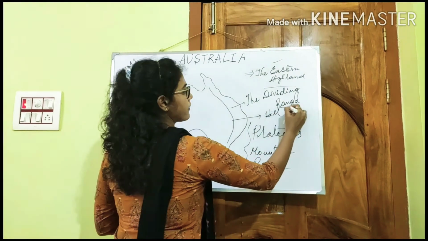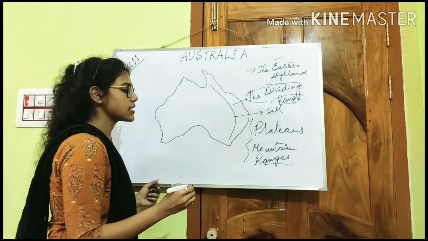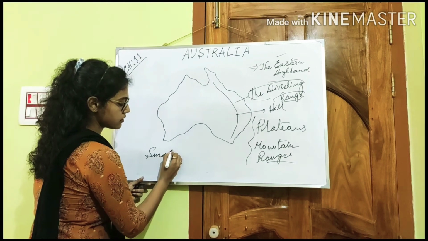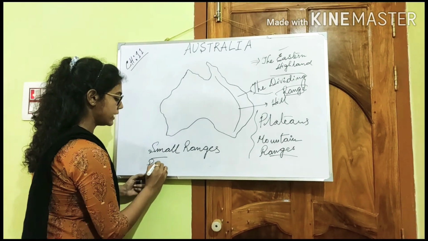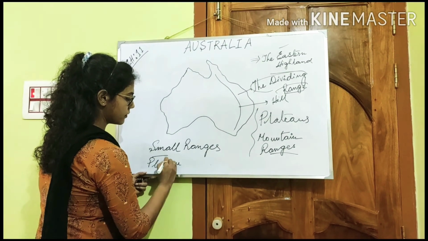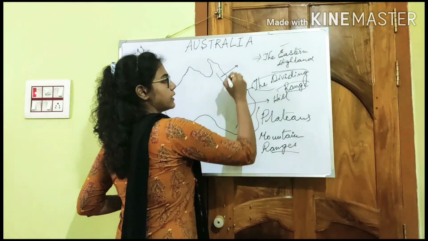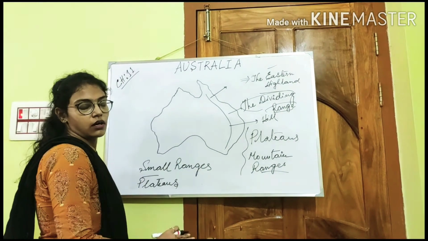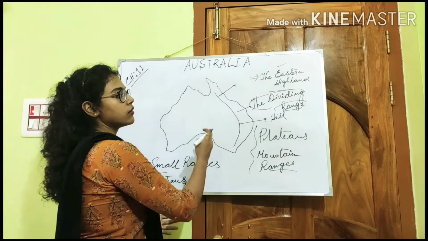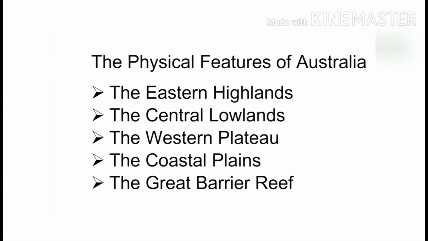This Great Dividing Range is made up of some small ranges and some plateaus. These are the physical divisions of Australia: the Eastern Highlands, the Central Lowlands, the Western Plateau, the Coastal Plains, and the Great Barrier Reef.